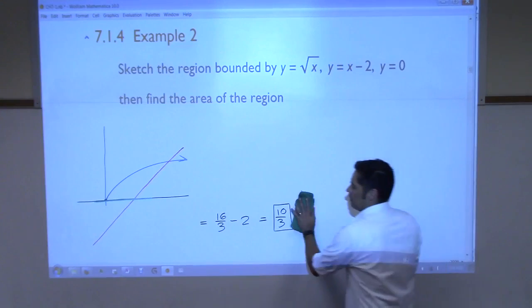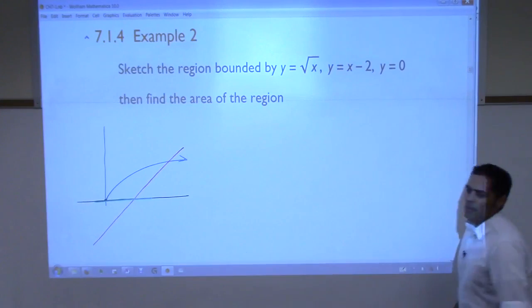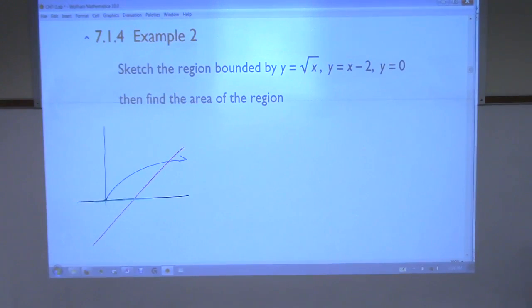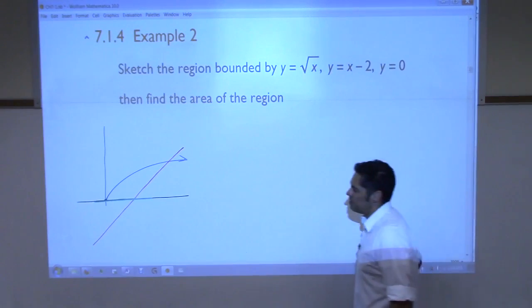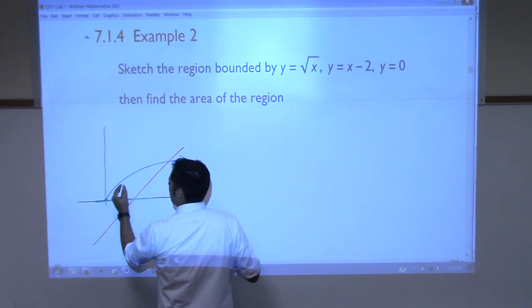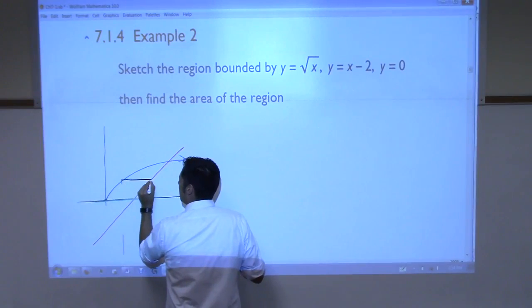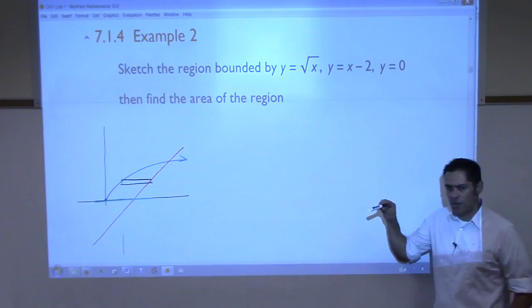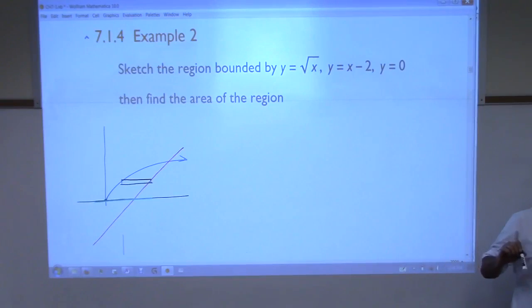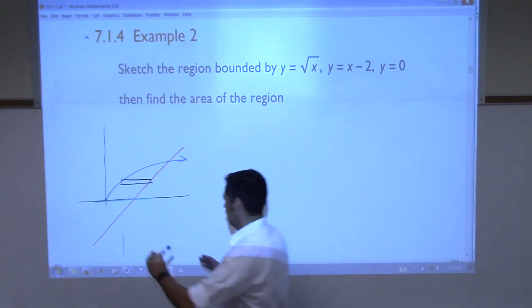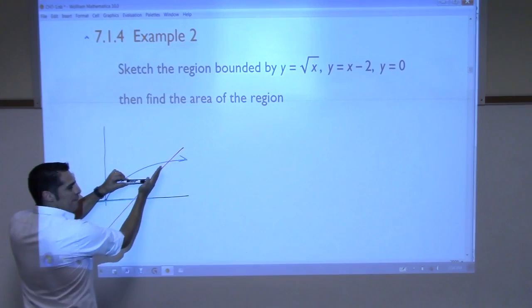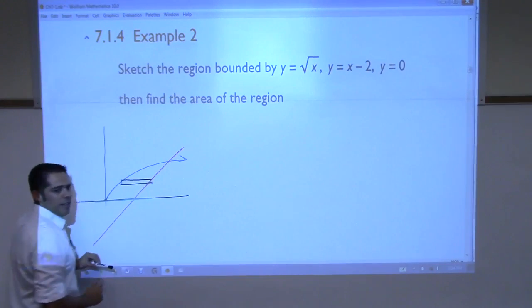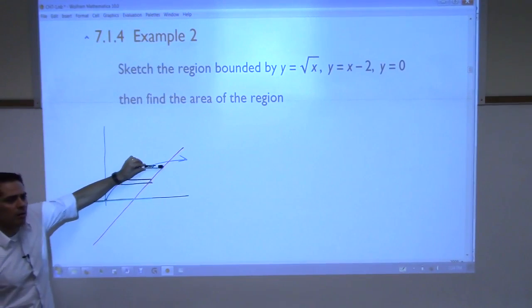Horizontal. Yeah, just kidding. Horizontal. So think about if you did your rectangles horizontal instead, what the advantages or disadvantages might be. If we do horizontal, you're never going to have to switch because the function that's creating the right boundary never changes, no matter where you are.